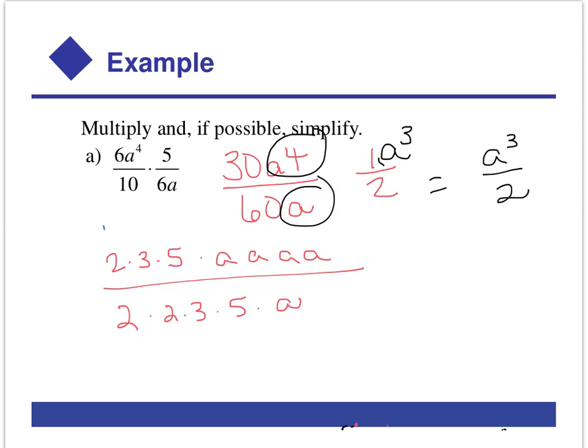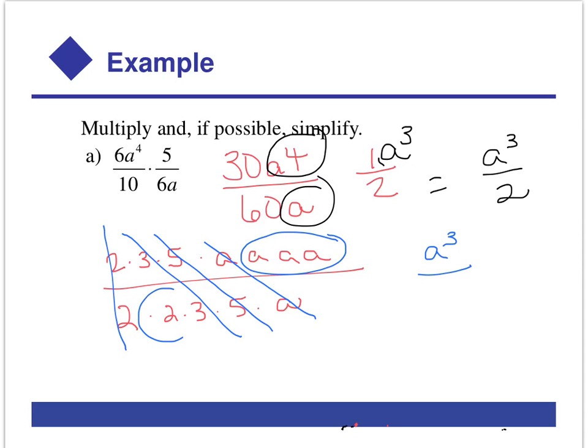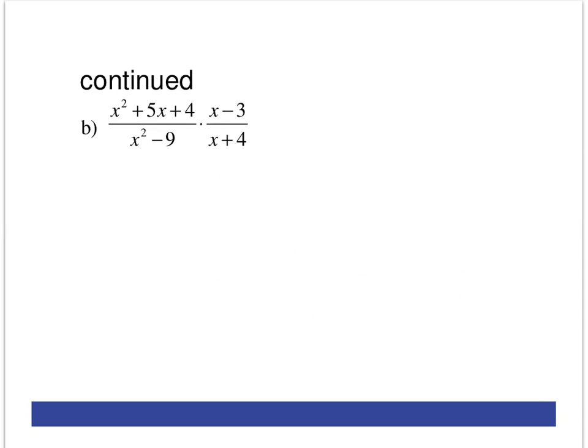And then just cancel out the things that are the same. Those 5's go away, that a goes away, this 3 goes away. So how many a's did we have left up here? We had 3 of them. And then look what we had on the bottom, simply just that 2. So either method works. You just have to figure out which one works for you.